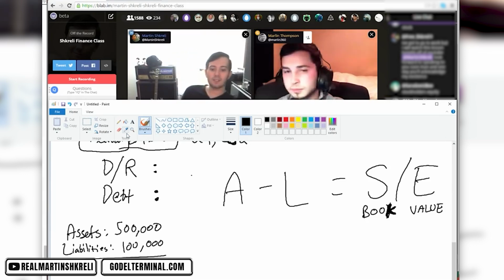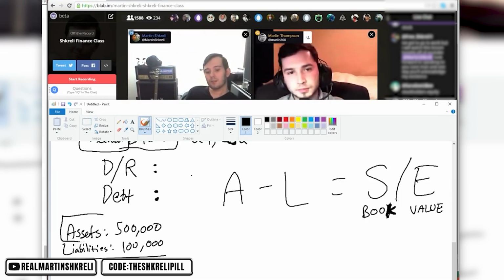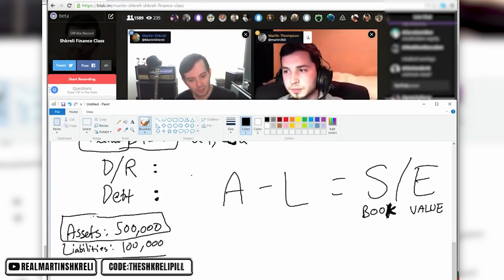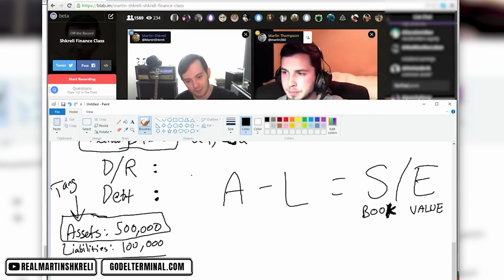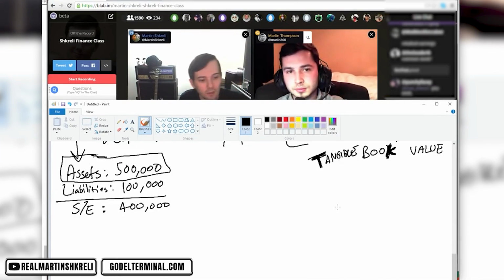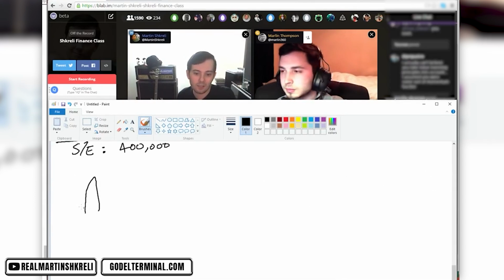Now, some of these assets are intangible, right? Like goodwill and patents. The patents aren't going to be worth anything when the company's out of business. So you've got to just look at the hard assets, or the tangible assets. And you can do something called a tangible book value if you wanted to remove some of those pesky goodwill and intangible assets. So anyway, that's the basic crux of a balance sheet: the assets minus the liabilities will equal the shareholders' equity.